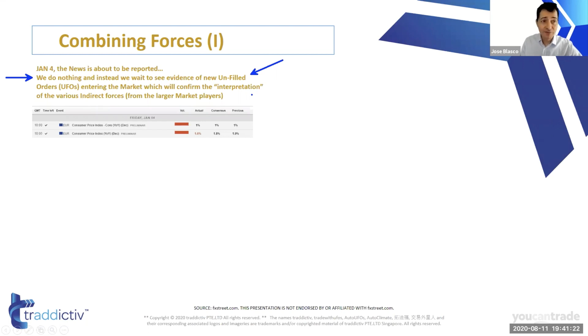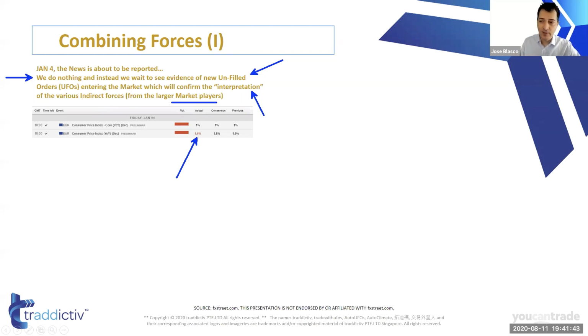So if after the news is reported, you get to see UFOs forming on the chart, that would reveal what the interpretation of the large market players has been. Instead of you having a guess, which is, oh, to me, this is very bad news, the market is gonna fall, everybody's thinking the market is gonna fall, I'm gonna sell.